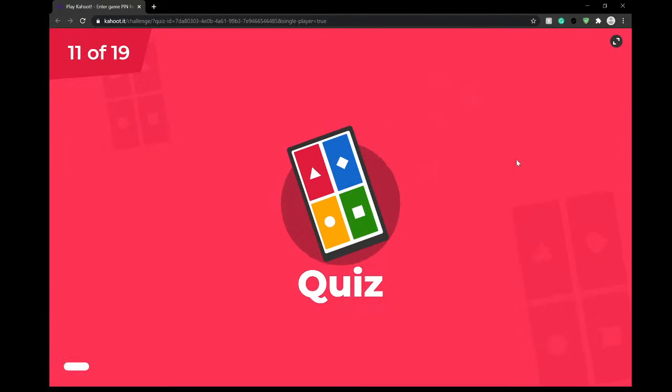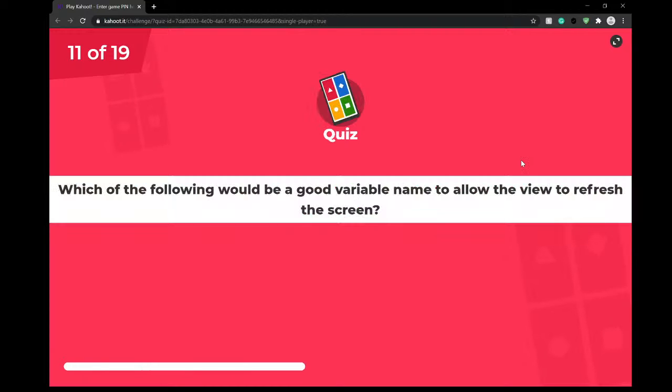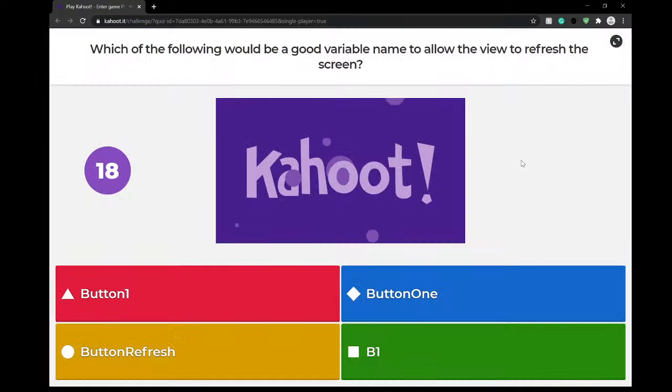All right, next question. Which of the following would be a good variable name to allow the view to refresh the screen? Okay, that's a mouthful. So this is just talking about good variable naming. If you're naming variables random names, that's not very good because you wouldn't remember them, or you'll get lost referencing them.